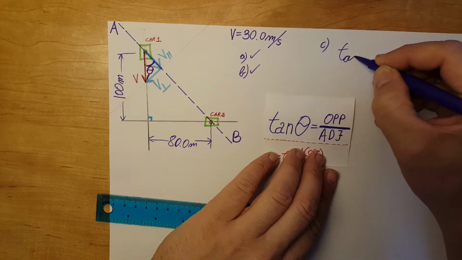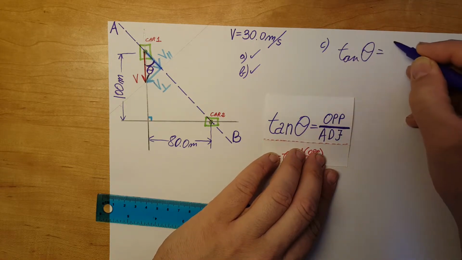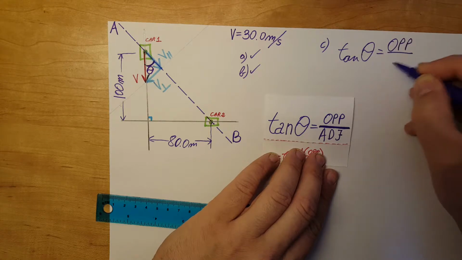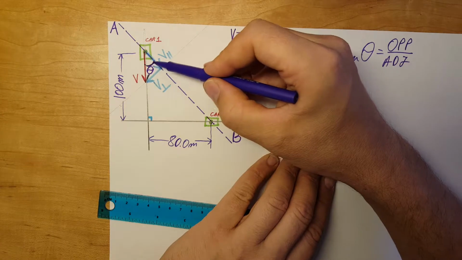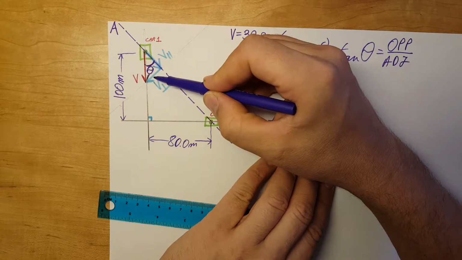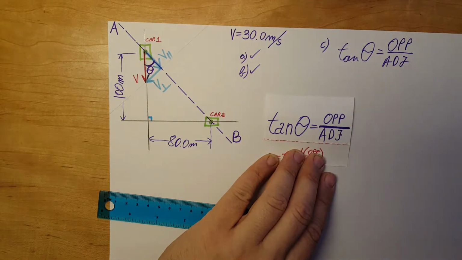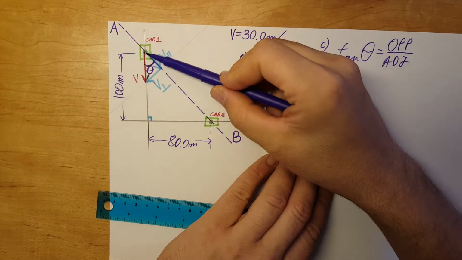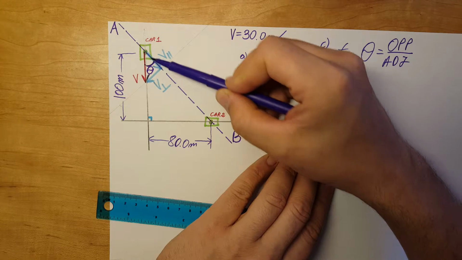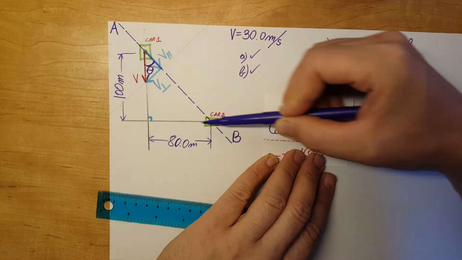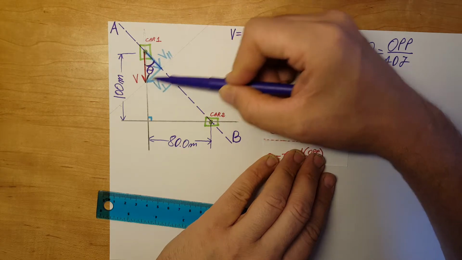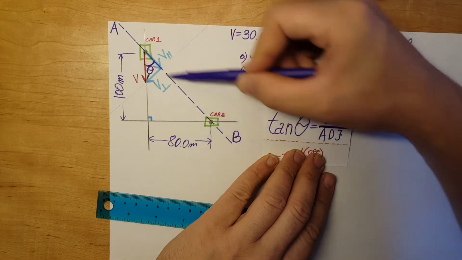So I'm just gonna write this down here, equals opposite over adjacent. And here we have our theta, and we're going to use opposite over adjacent. But we're not going to use this small triangle. We're going to use this big triangle right here. The theta is the same for this triangle or for this triangle.